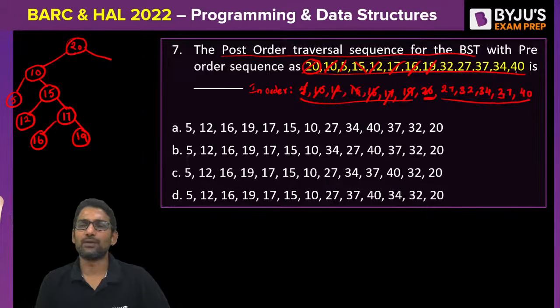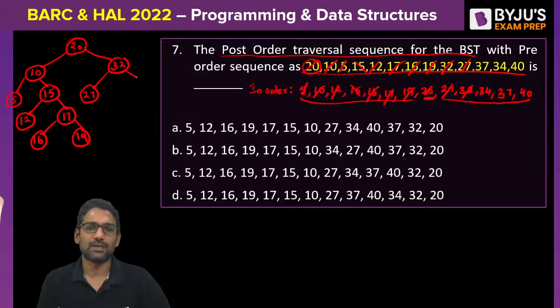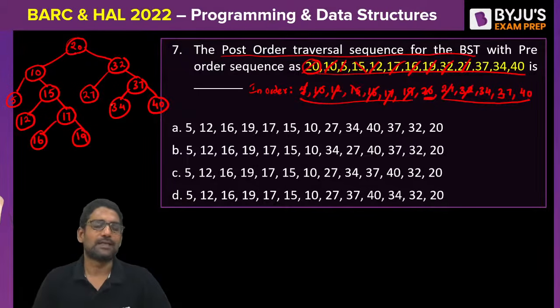In 27 to 40, 32 is at the beginning, so that would be parent. When 32 is parent, 27 will be left of it, and on the right side we have 34, 37, 40. In that 37 is upfront, so 37 would be the parent, 34 being left child, 40 being right child. So this is the resultant BST.